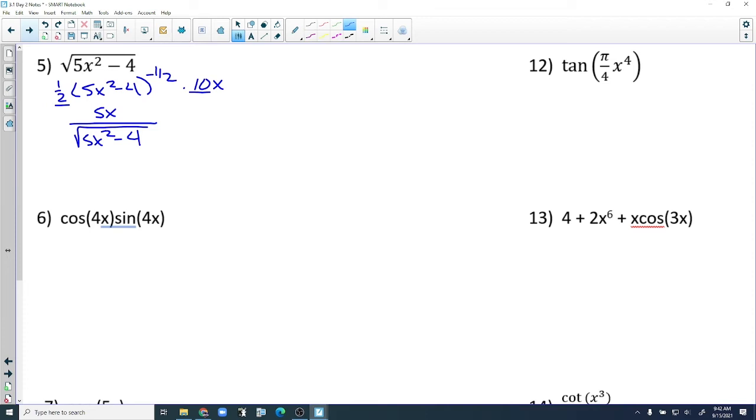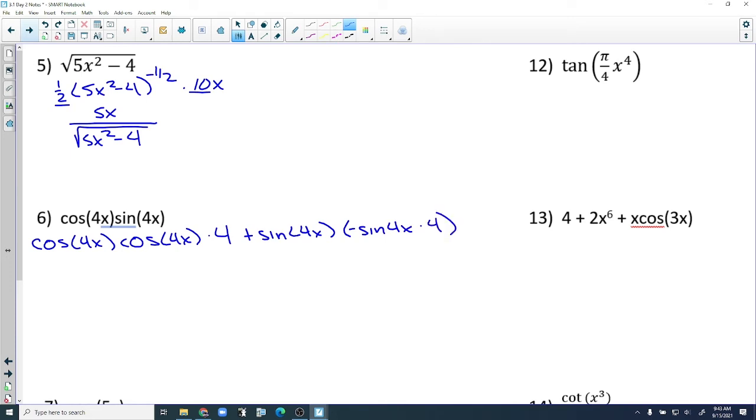Number 6, I've got some explaining to do on this one. First, times the derivative of the second. Times 4, derivative of the inside, there's your chain rule. So first times derivative of the second, plus the second times the derivative of the first, which is negative sine of 4x times 4.